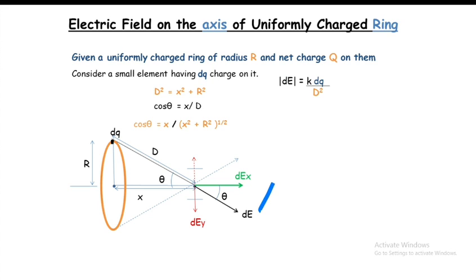Now the magnitude of this dE vector will be k dq by d square, since dq is the charge on this small element and d is the distance between this point and this point. Now we put the value of d square from here to here.